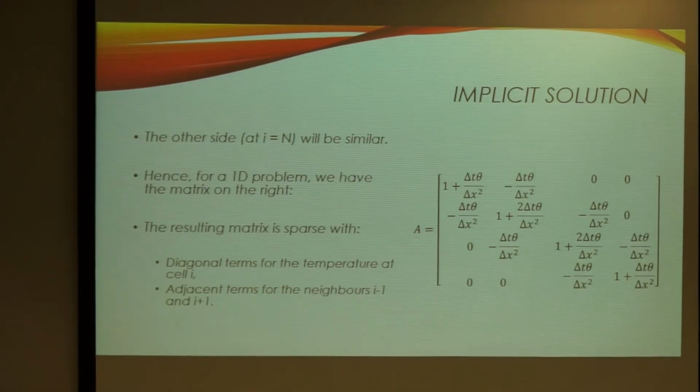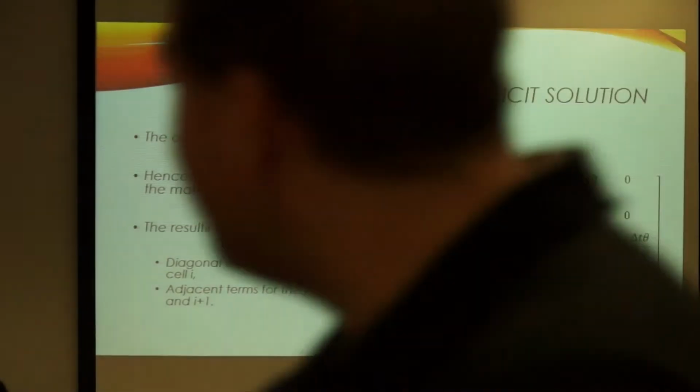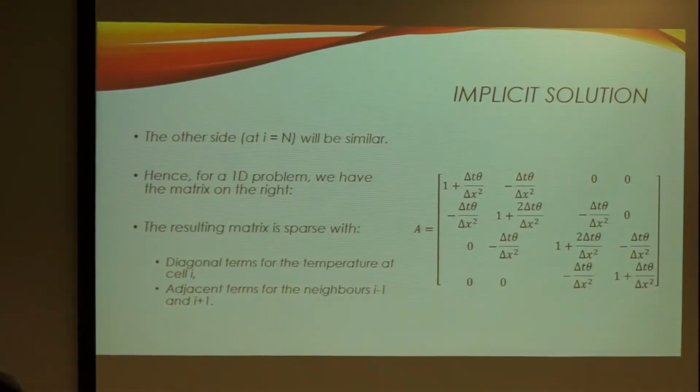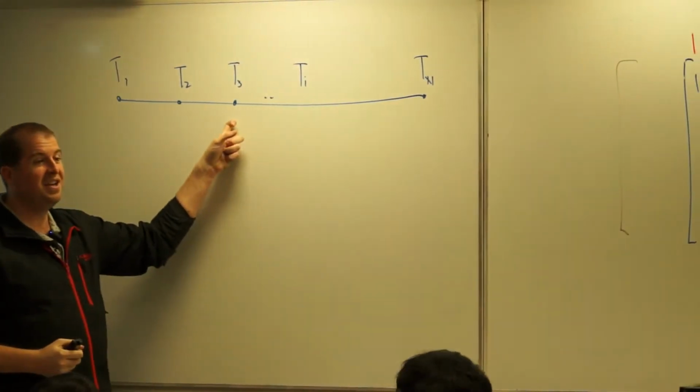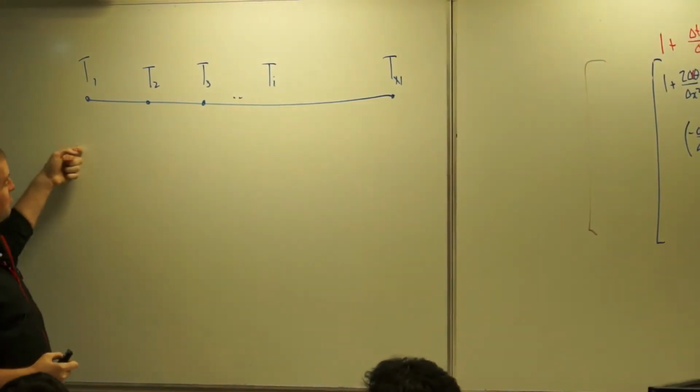It must be symmetric. Now, let me ask you, if this matrix is symmetric, what does this really mean physically, with physics? It means that if you have heat moving from this end of the bar to this end, the physics of the heat moving this way should be the same as the physics moving this way.